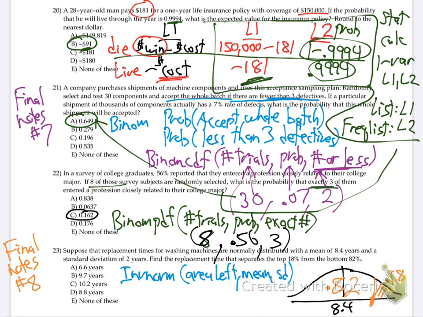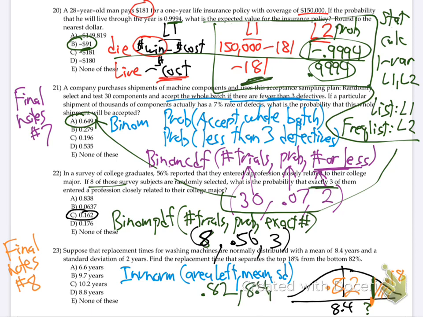Mean, standard deviation. All right, so what is the area to the left? 0.82. Yeah, remember, this is the spot we're talking about. This is what we're trying to figure out. Right here, what is the line separating the top 18 and bottom 82? So what's the area to the left of that spot? 0.82. What's the mean? 8.4.